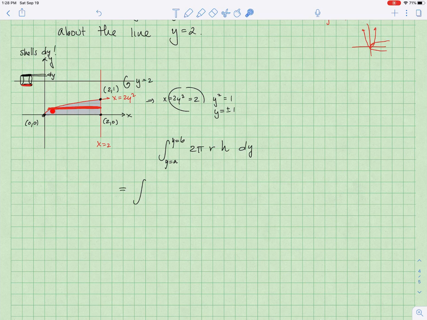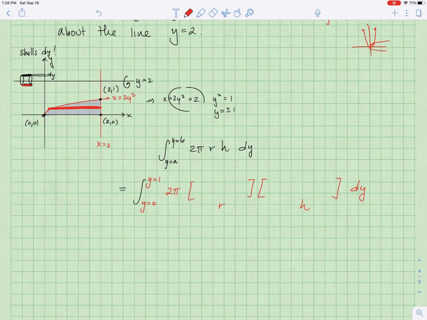And as it goes up and runs through this region, the highest one is going to appear at y equals 1. So this is going to go from y equals 0 to y equals 1, 2 pi. We need to figure out what the radius is, and what the height is, and then we'll integrate dy.